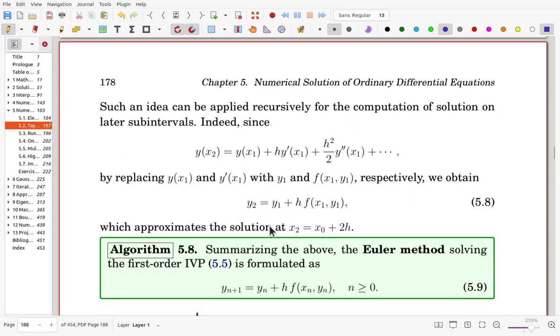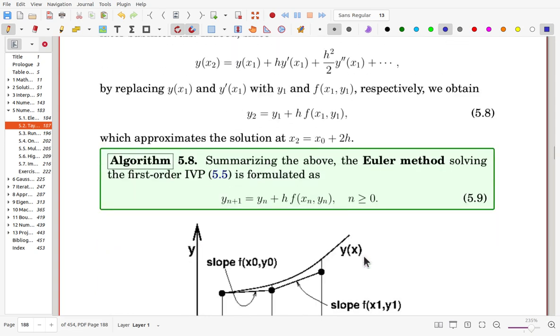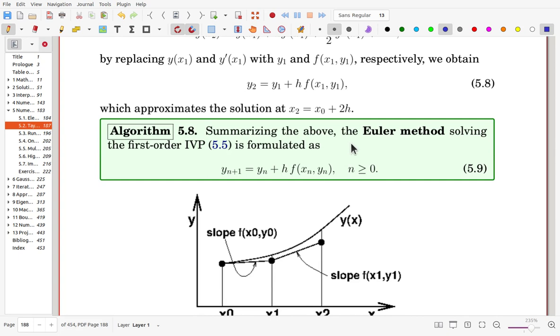So we can get this approximation: y sub 2 is y sub 1 plus the mesh size times f at x1, y1. In this way, we apply this technique recursively. We can summarize in this algorithm: the Euler method solving the first order initial value problem is formulated as here. Y sub n plus 1 is y sub n plus h times f of xn, yn.